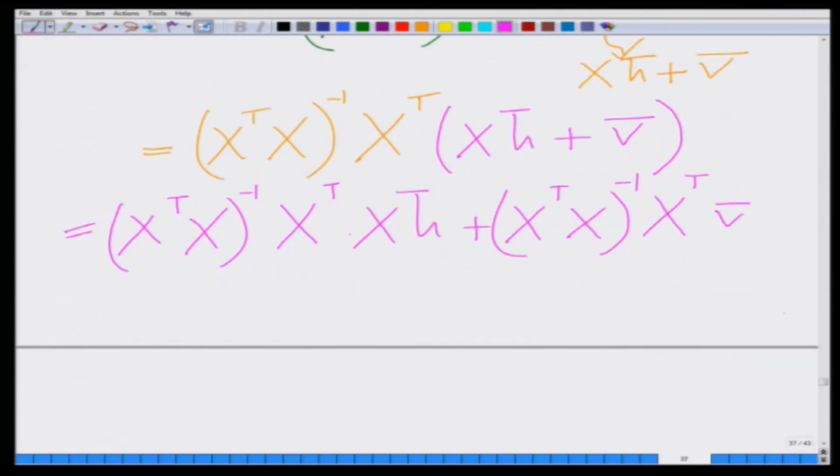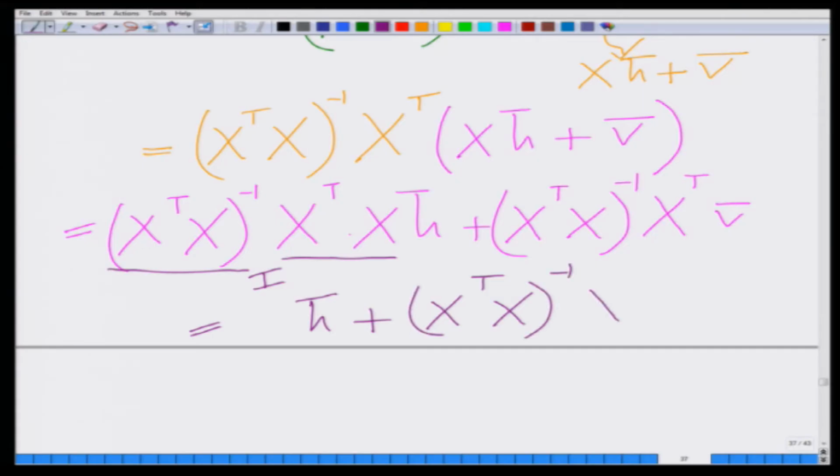Now, (X transpose X) inverse times X transpose X is identity. Therefore, I simply have identity times h bar, which is h bar, plus (X transpose X) inverse times X transpose v bar, and this is your h hat. So, the least squares estimate h hat can be expressed as h hat equals h bar, the original unknown parameter vector, plus something that depends on noise, that is (X transpose X) inverse times X transpose v bar.